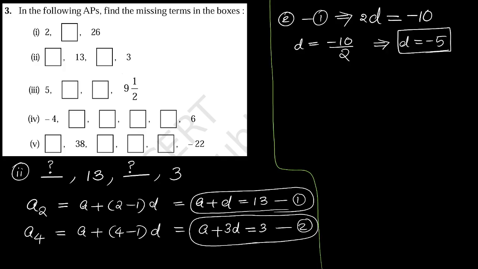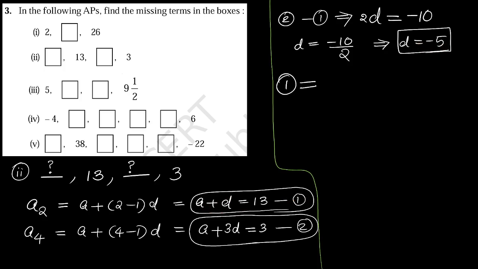A and D are required. So I got the value of D, but I need A also. Substitute the value of D in equation number 1.